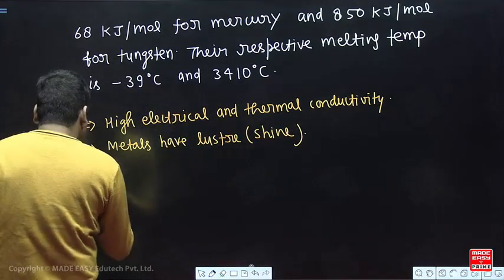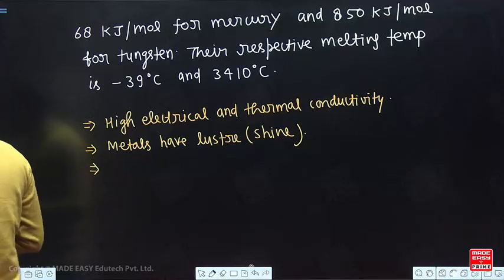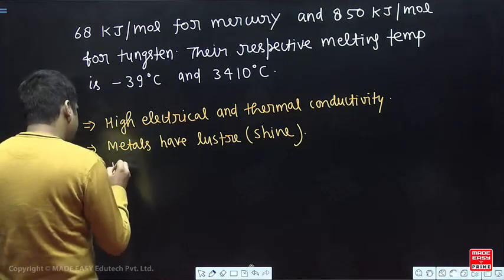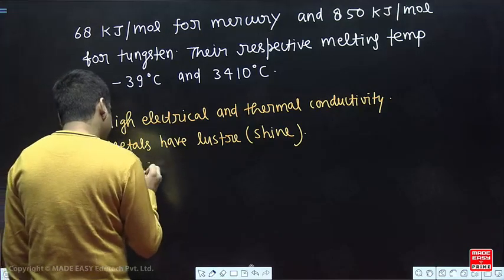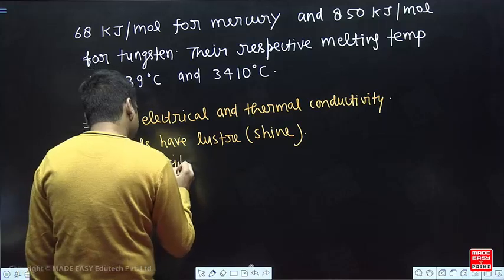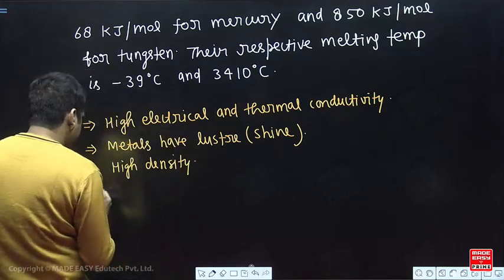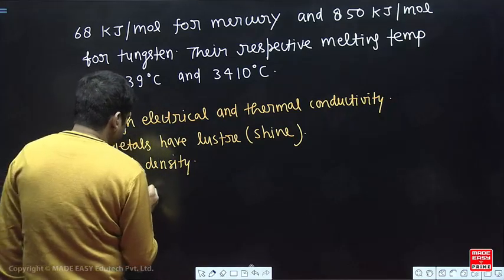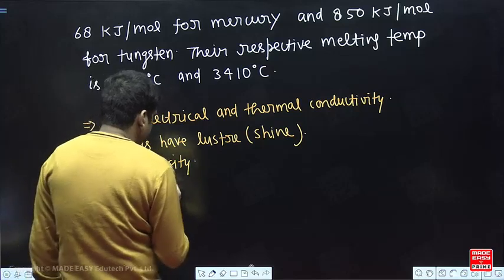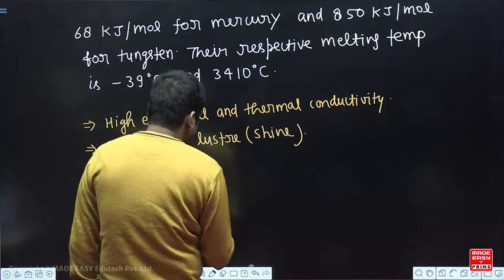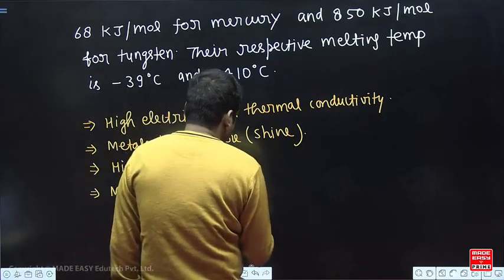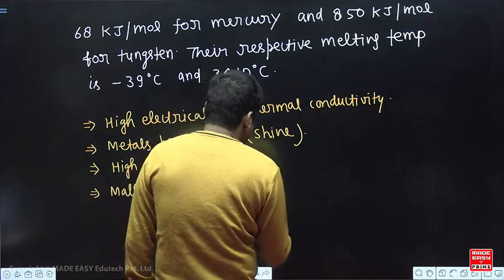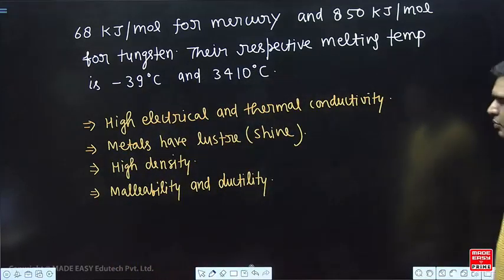Then next one is high density, malleability and ductility. This is all about the metallic bonding.